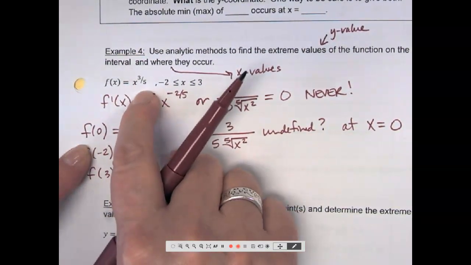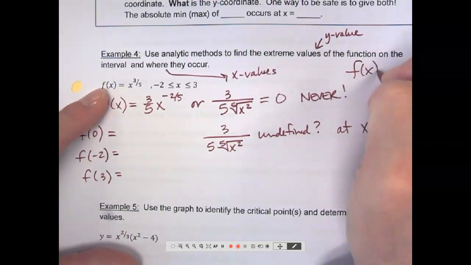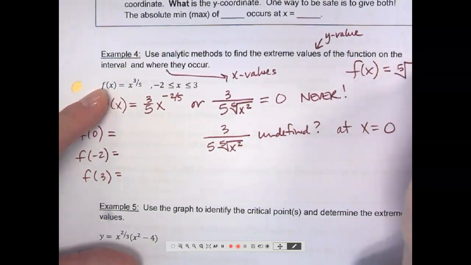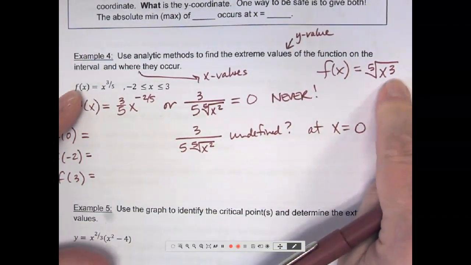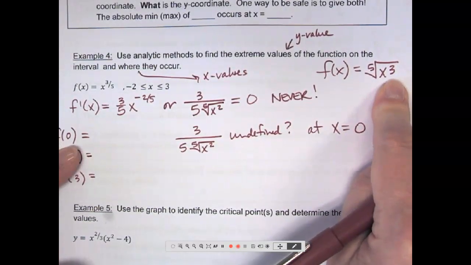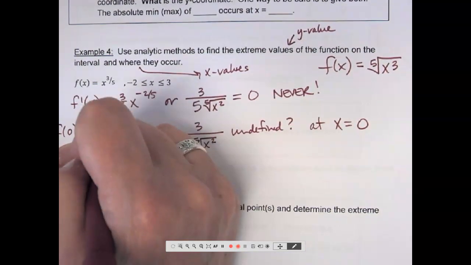So you may want to think of that original one as the 5th root of x cubed. If I put 0 in and I cube it, that's still 0. What's the 5th root of 0? What's any root of 0? 0.